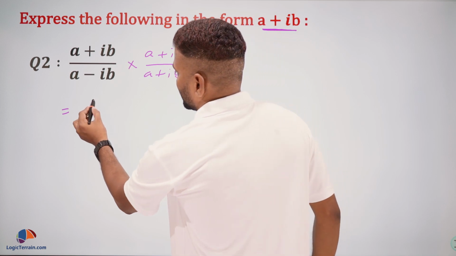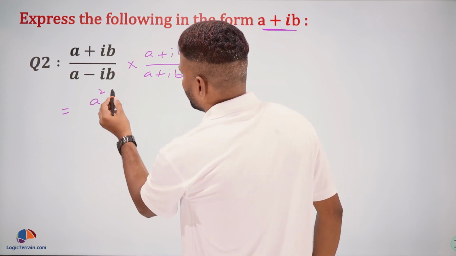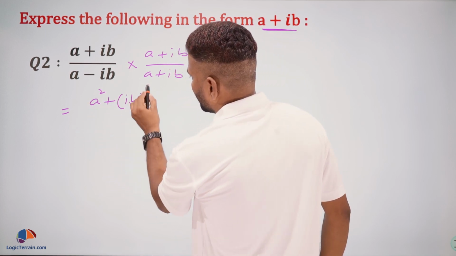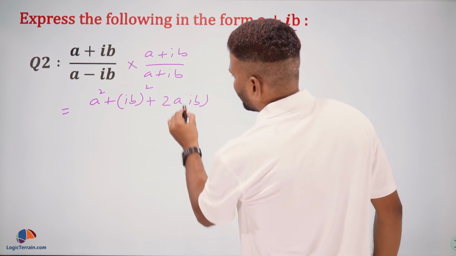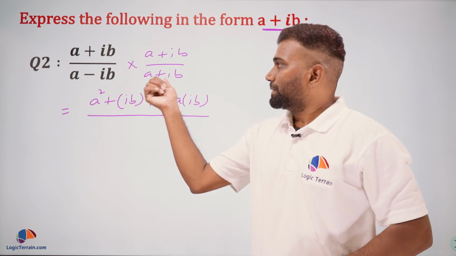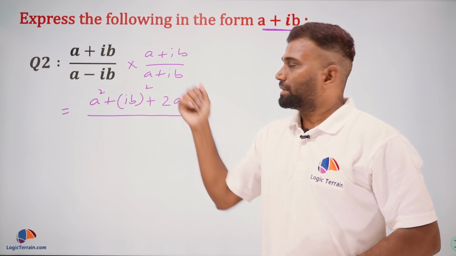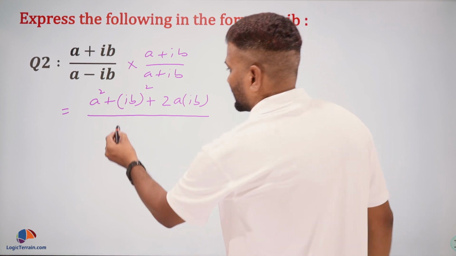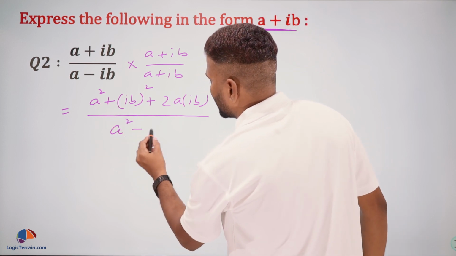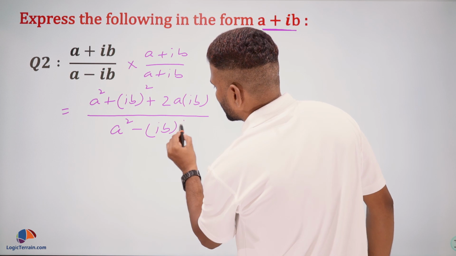Then on expanding, that is a square plus (ib) whole square plus 2ab, 2 into a into ib, upon the denominator, which looks like (a minus ib) into (a plus ib), which is nothing but a square minus b square. Then this becomes a square minus (ib) whole square.